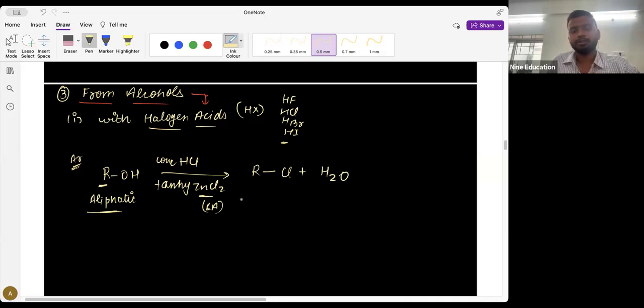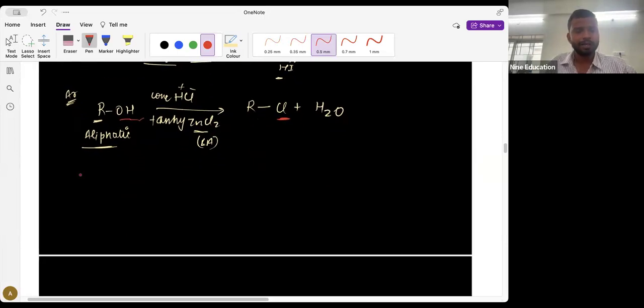RCl plus H2O. तो क्या करता? ये पॉजिटिव नेगेटिव अगर ROH में कंसंट्रेटेड HCl ZnCl2 के साथ डाला तो यहाँ पर H2O will go out and Cl will come. H2O will go out from here and Cl will come. So this is the best method to prepare. This is the best way to prepare from alcohol to alkyl halide. है ना? This is the method to prepare from alcohol to alkyl halide.